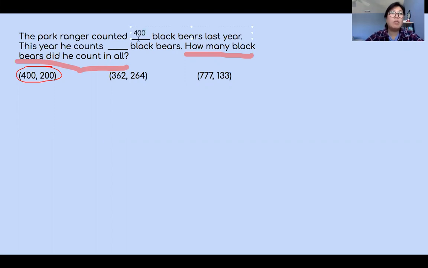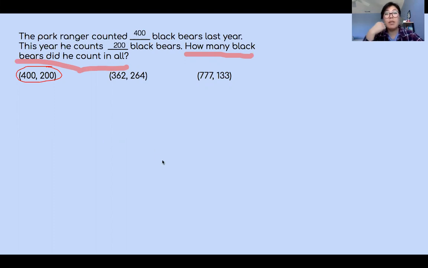So the park ranger counted 400 black bears last year, okay? And then this year he counts 200 black bears, okay? So how many black bears did he count in all?